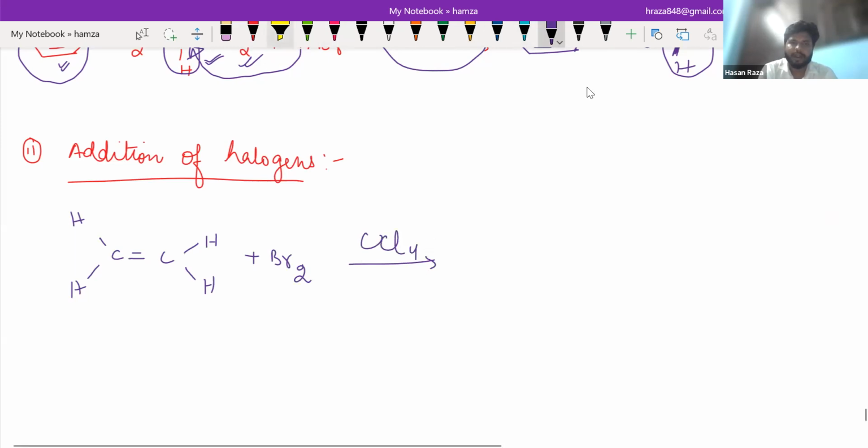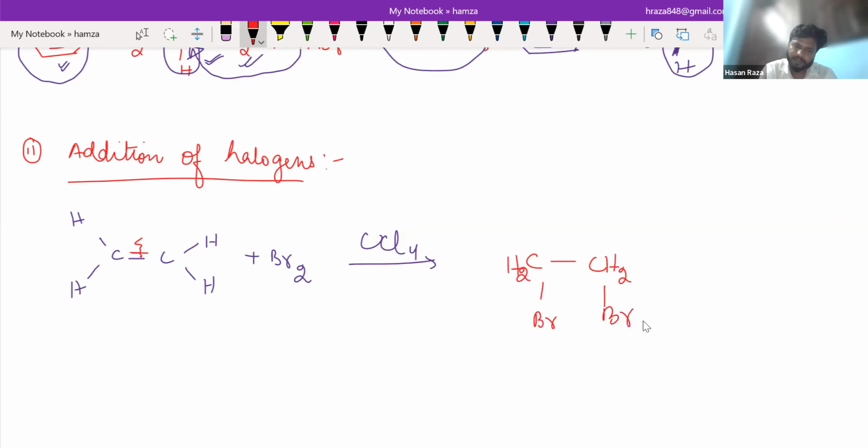In order to add something to this compound, we need to break one of the bonds. So you can see this will be CH2, and then Br, and then Br. This is how we are going to prepare it from alkene. Please write it.